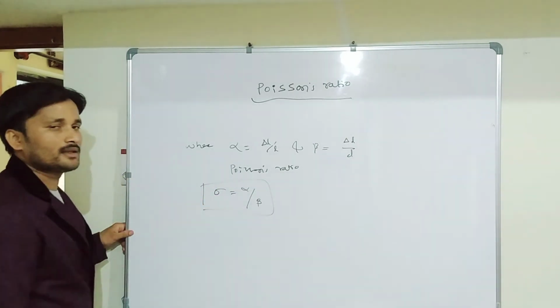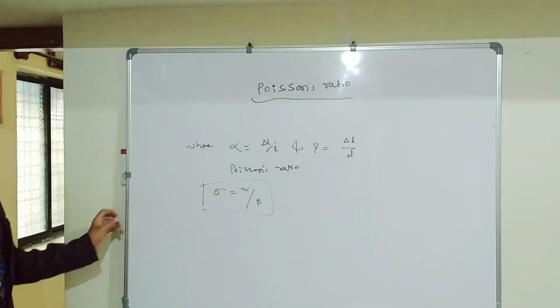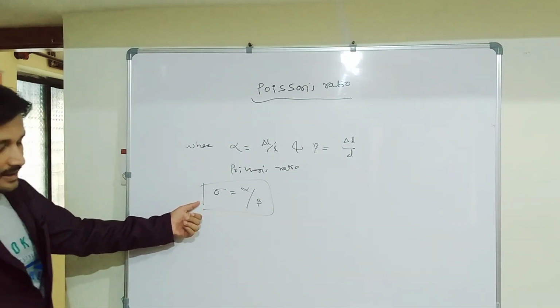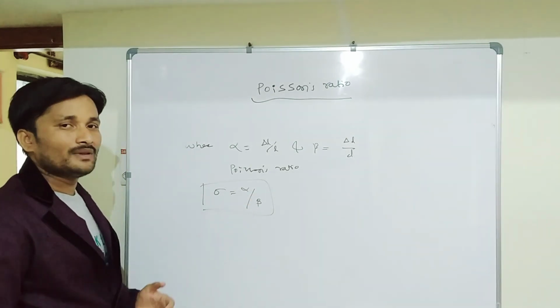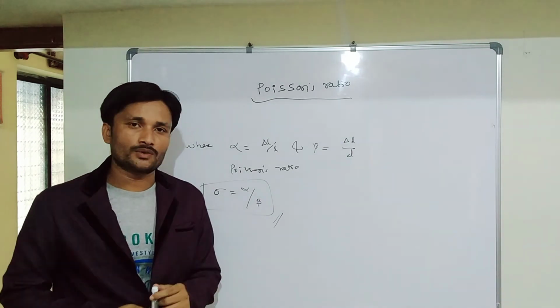This is called Poisson's ratio. So here within elastic limit, linear strain is proportional to lateral strain. That is called Poisson's ratio.